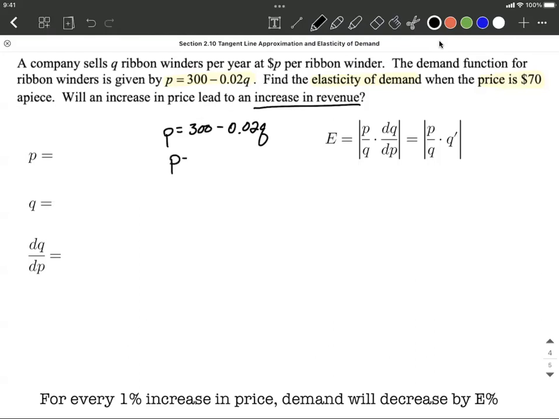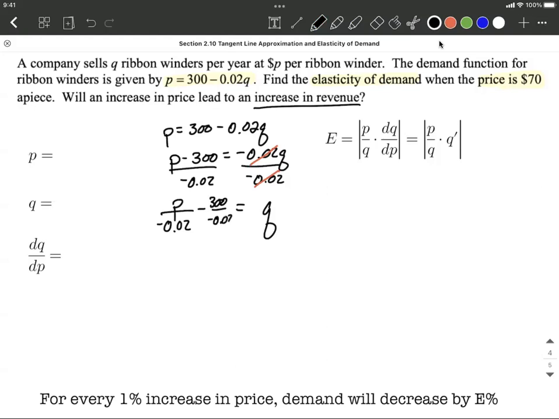To do that, I'm going to subtract 300 from both sides, and then divide both sides by negative 0.02. As I do this, negative 0.02 over negative 0.02 will get Q on the right-hand side all by itself. But I can split this up: P divided by negative 0.02 minus 300 divided by negative 0.02.